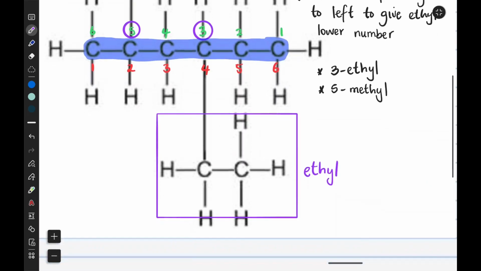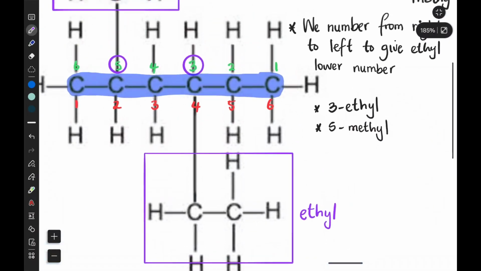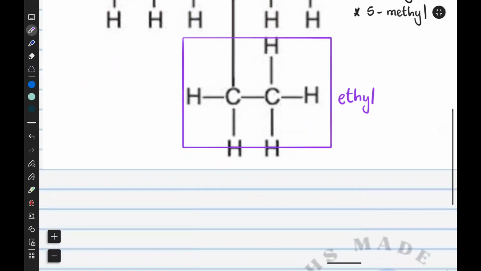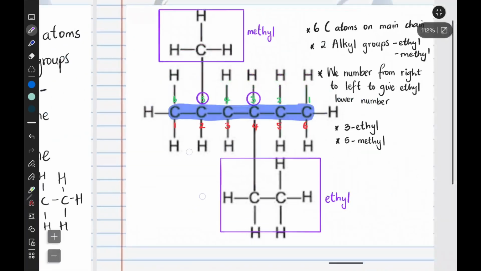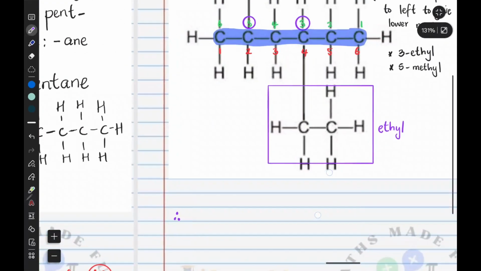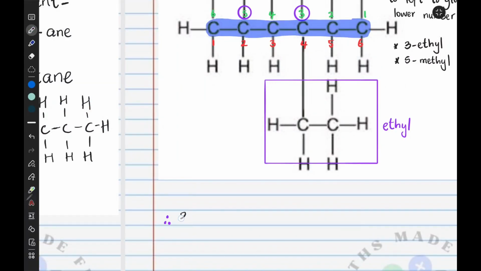All right, so therefore our name will be 3-ethyl. We add our other alkyl group, 5-methyl, and then we add our base name.